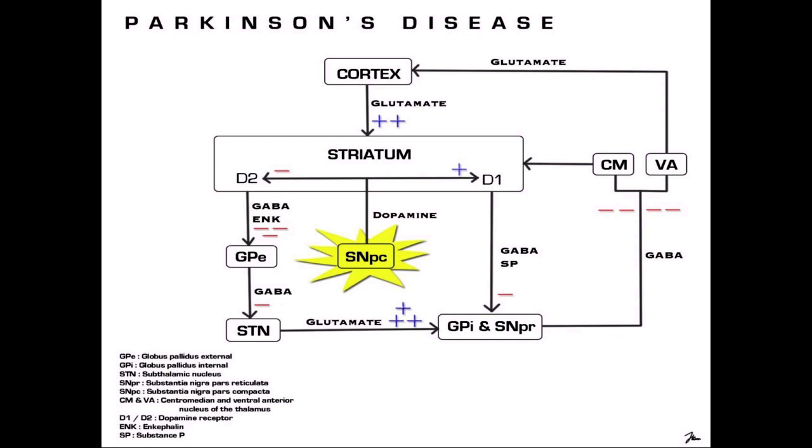So it's going to put out more glutamate. We stimulate this more, and again, that's going to put out a lot more GABA, and we're going to even further shut down glutamate stimulation of the cortex. And so both through the direct and the indirect route in Parkinson's disease, you end up with less glutamate going back to the motor cortex.